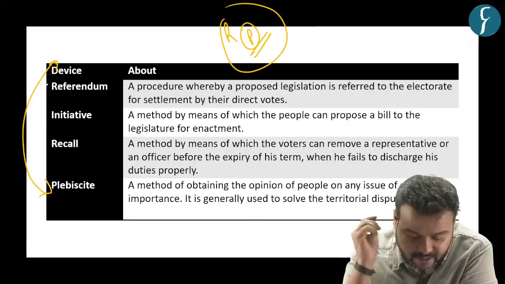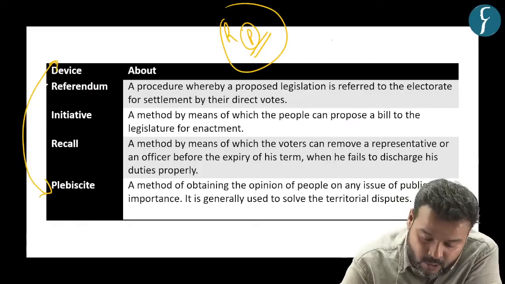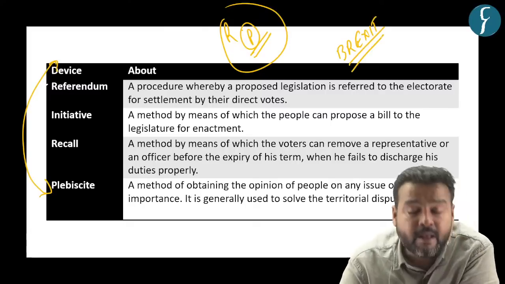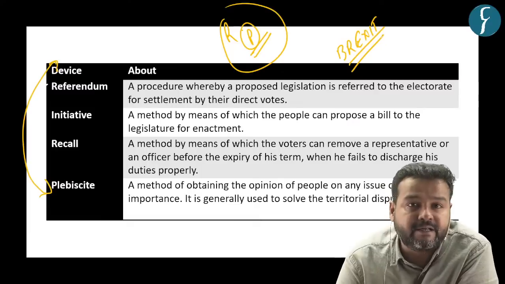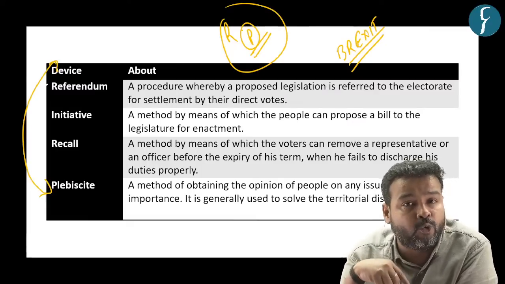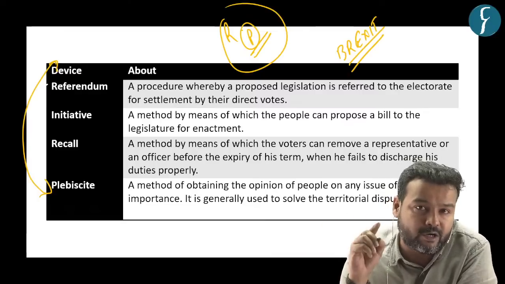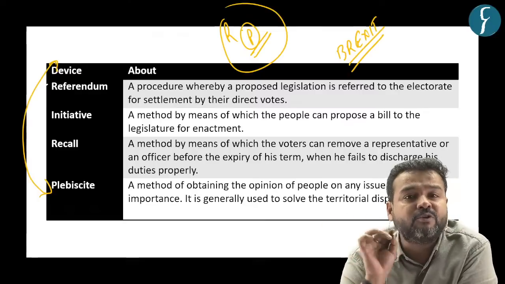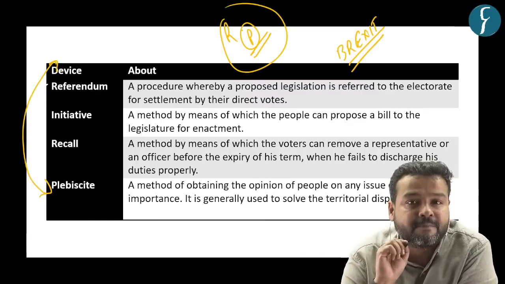Understand this with one example. Now, you might be aware of the term Brexit, where Britain conducted a referendum on whether to stay with EU or not. So here there was no issue of secession.